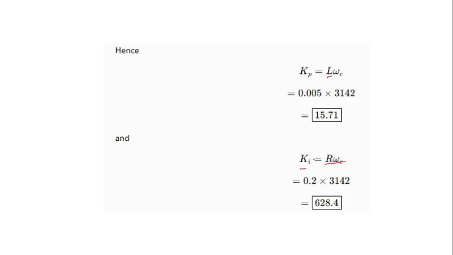Here Kid is equal to R into omega C. Omega C we know.